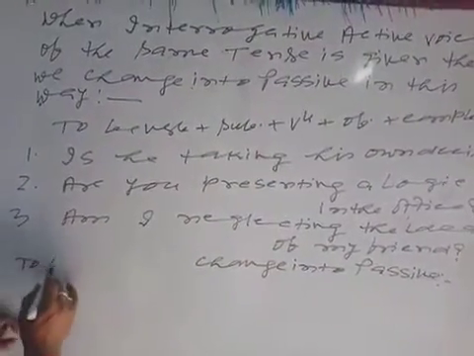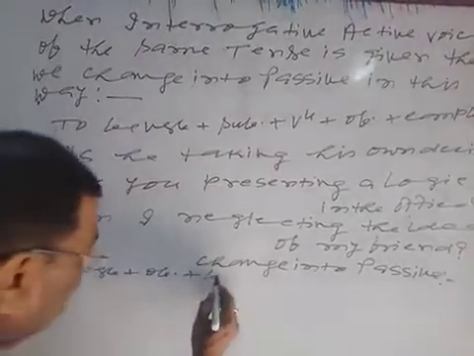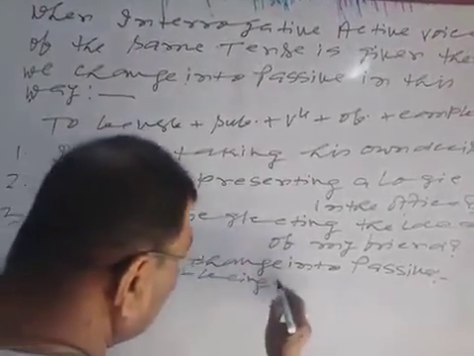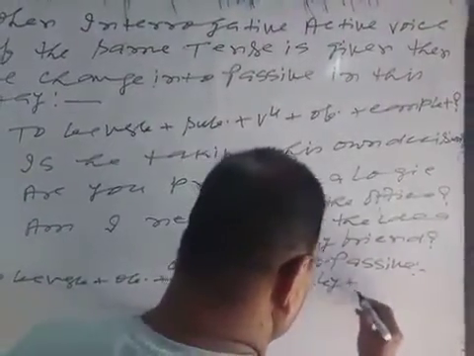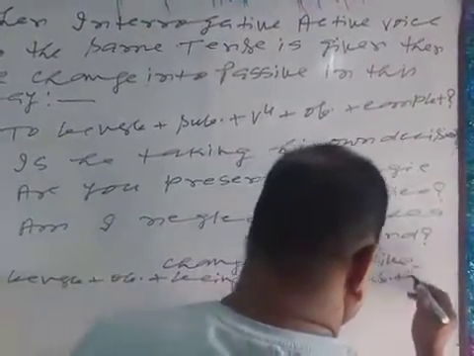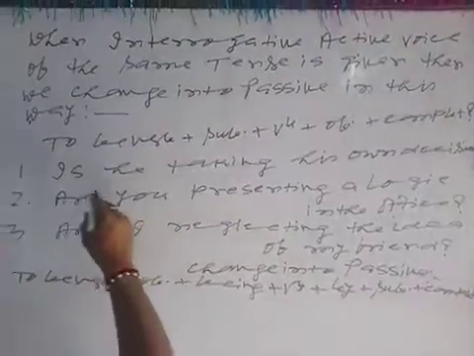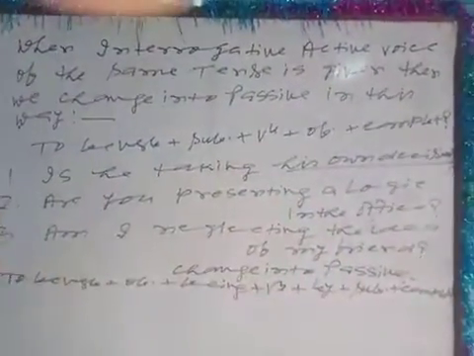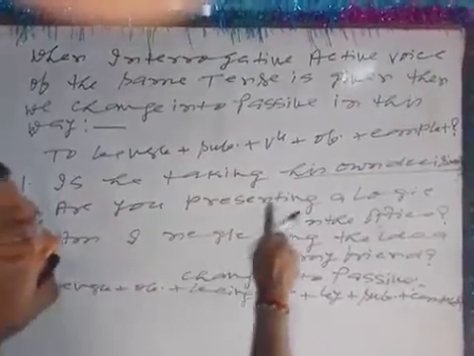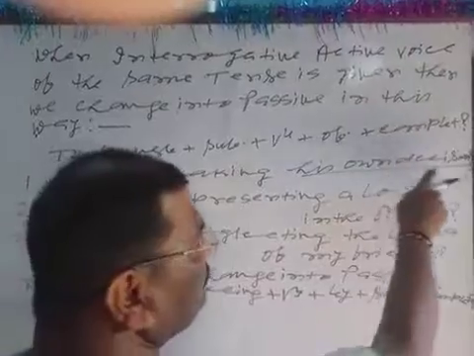To be verb, object, being, V3, by subject, complement, and then sign of interrogation. Here in the first sentence, his own decision is an object, and it belongs to singular.